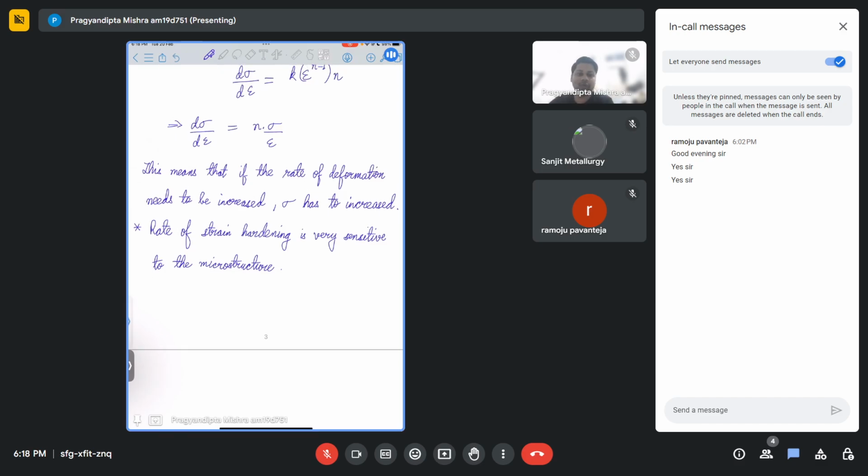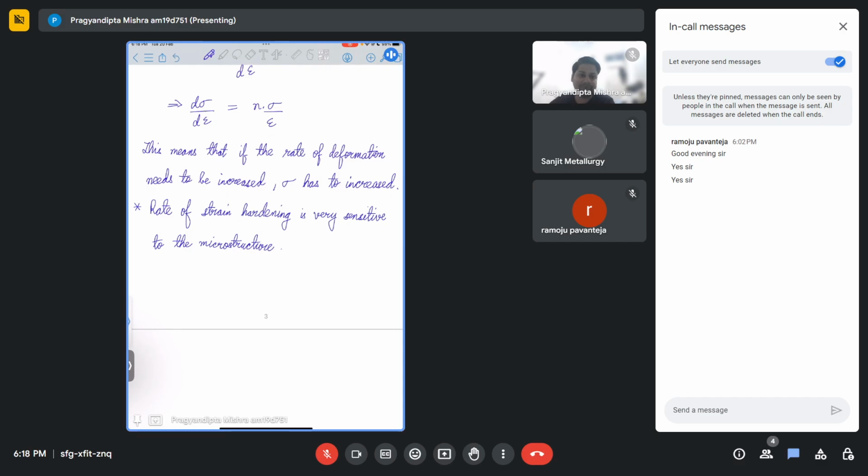So I think there was one example shown in the NPTEL lecture, where sir had shown how if you take the same material and you anneal it, or you age it, underage it, peak age it or overage it, you will see that your stress strain curve will change accordingly.